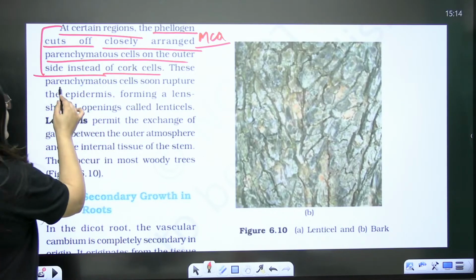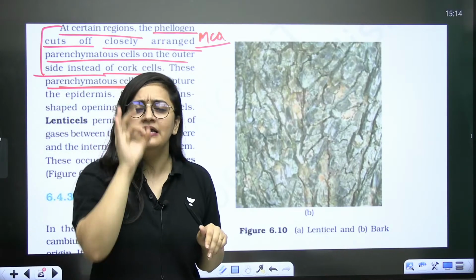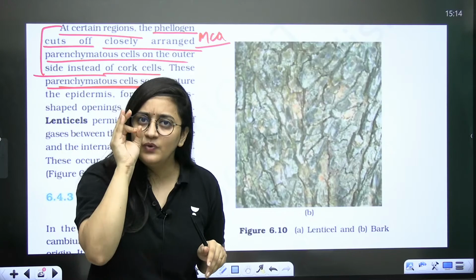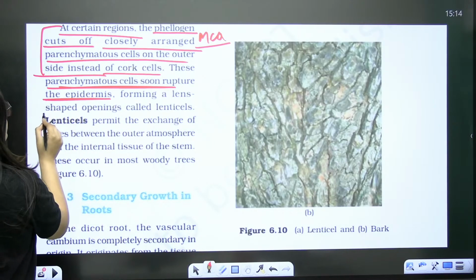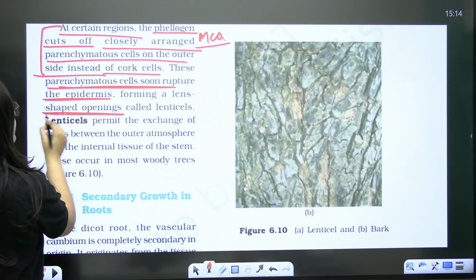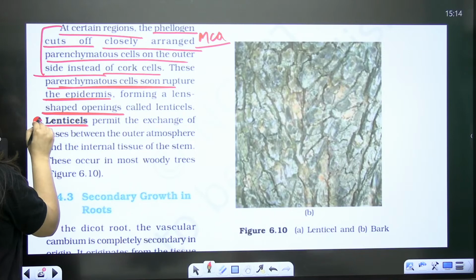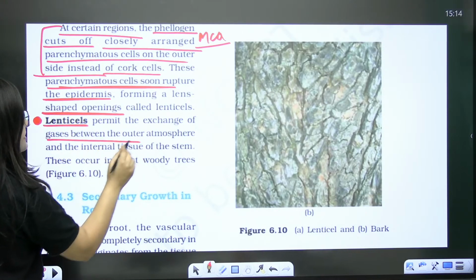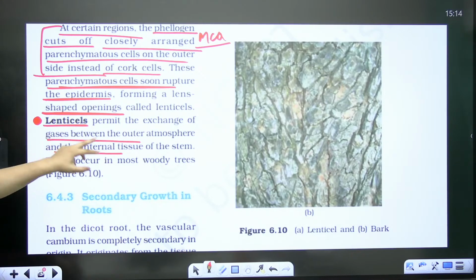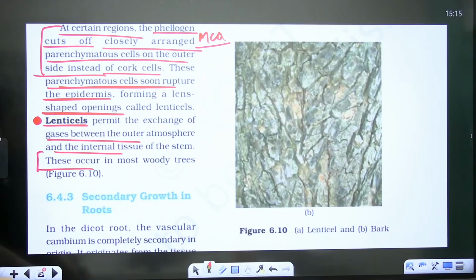Once the word is parenchyma, always keep in mind that it will be living. These parenchymatous cells will rupture the epidermis and form lens-shaped openings called lenticels. These lenticels are helpful in gaseous exchange between the outer atmosphere and the internal tissue, and they occur in most of the woody trees.